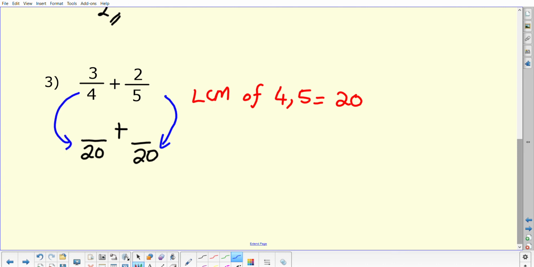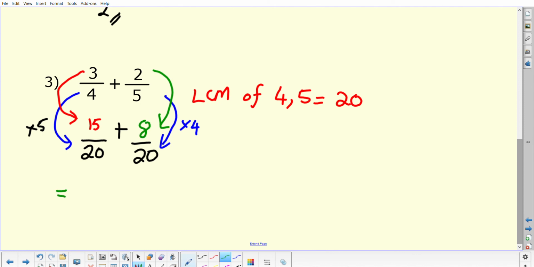To change the 4 into 20, you are timesing by 5. But that means I also need to times that top number by 5 as well. So what I end up with here would be 15. On this side, I'm changing from the 5 into 20 by timesing by 4. So I will also need to times that top number by 4 so that you get 8 here.